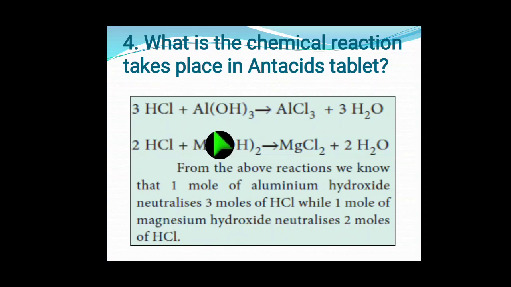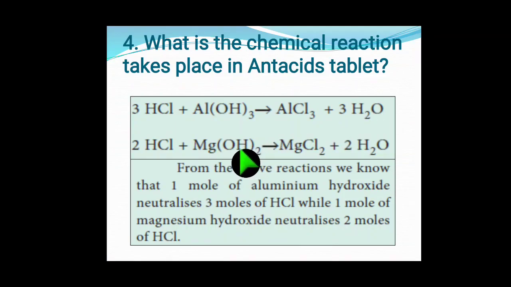When a person takes the tablet, what reaction takes place in our body? The aluminum hydroxide reacts with 3 moles of hydrochloric acid to give aluminum chloride and 3 moles of water.